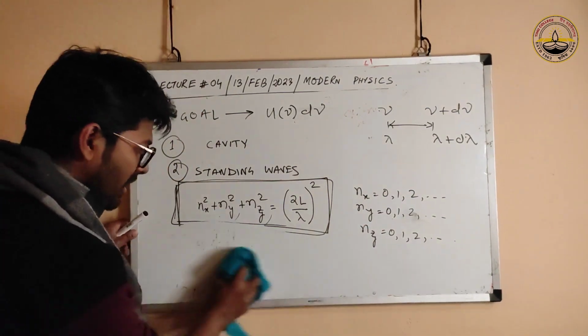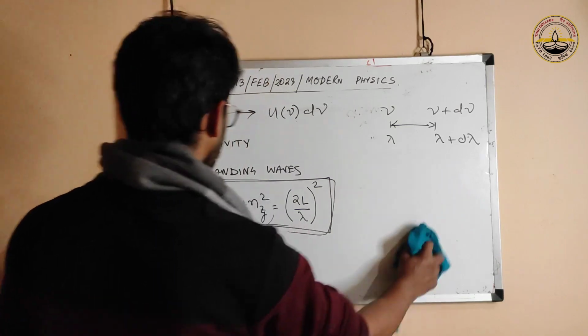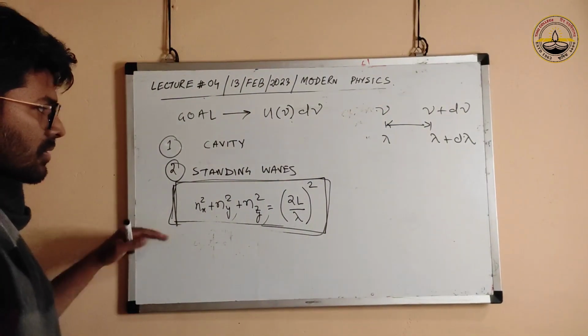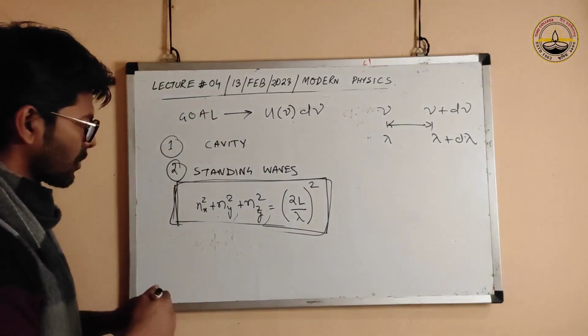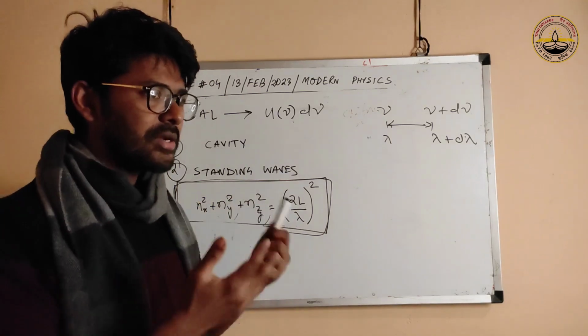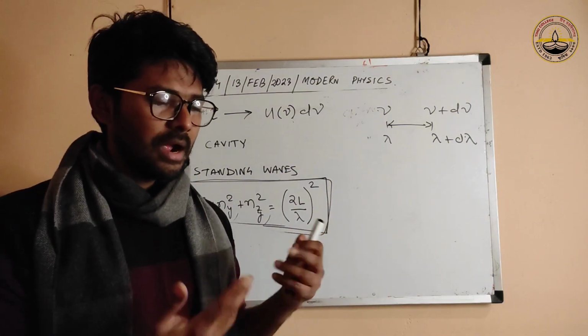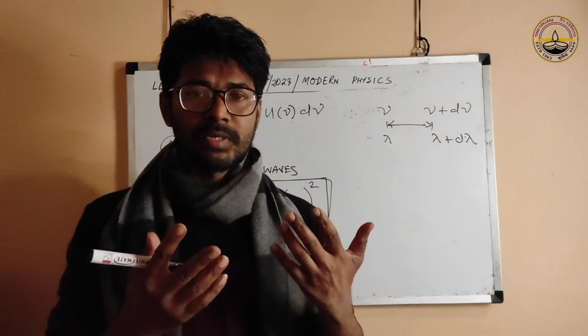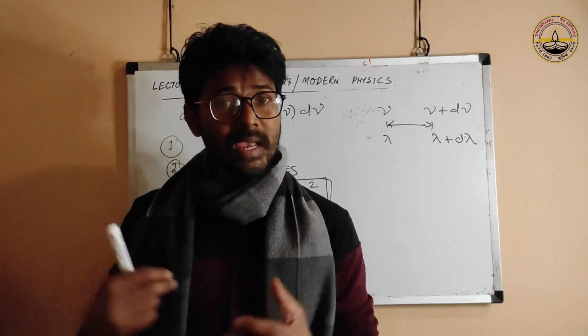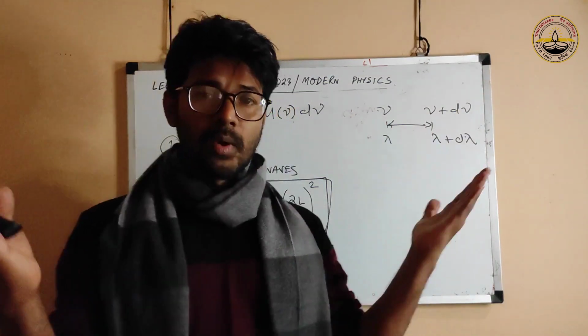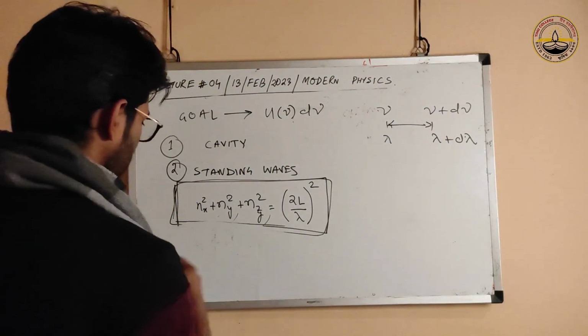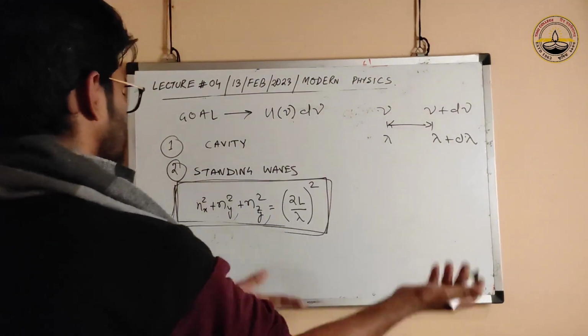So, standing waves was the assumption. We will need that. Why? Because the energy that we are going to calculate is distributed in those waves, and those waves are in standing wave condition. Okay, the standing wave states.